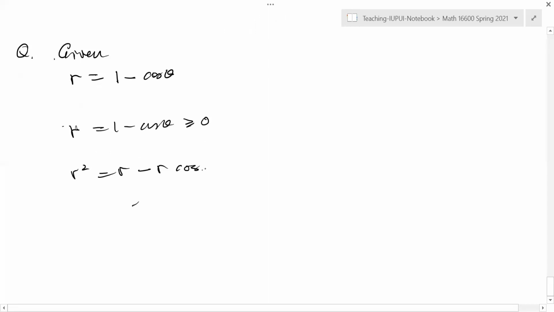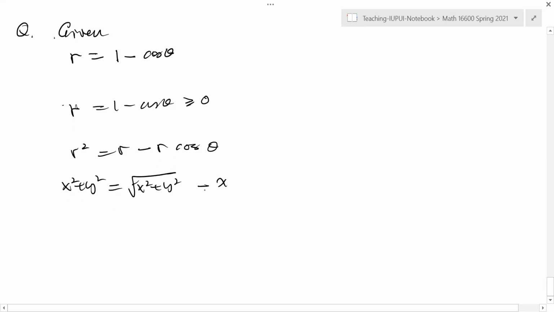And r squared is x squared plus y squared, and here r is the square root of x squared plus y squared, and this is just x. See how complicated it is. Okay, this is the equation.